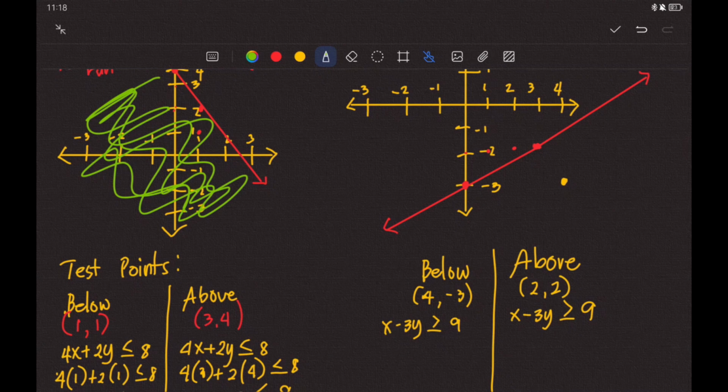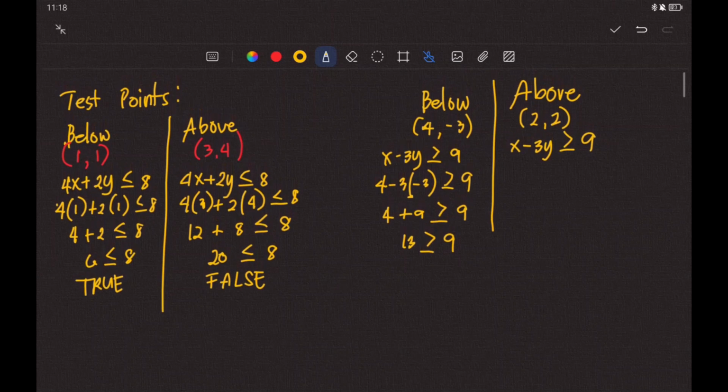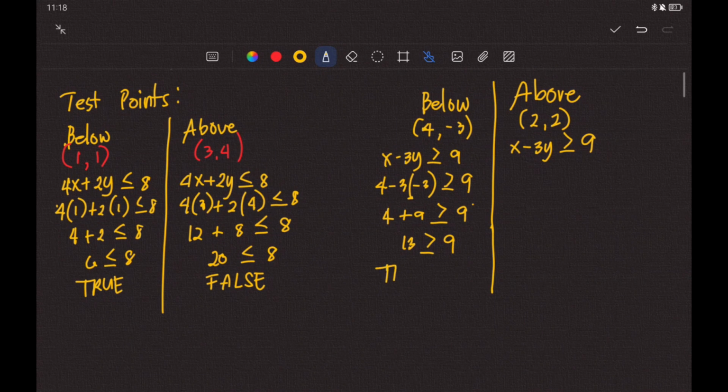For the second graph, let's solve this one. This is 4 minus 3 times -3 greater than or equal to 9. 4 plus 9 is greater than or equal to 9. 13 is greater than or equal to 9. And this is true. Second one, we have 2 minus 3 times 2 greater than or equal to 9. This is 2 minus 6, is greater than or equal to 9.